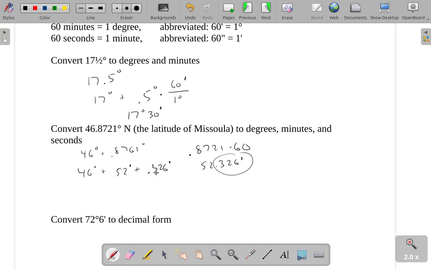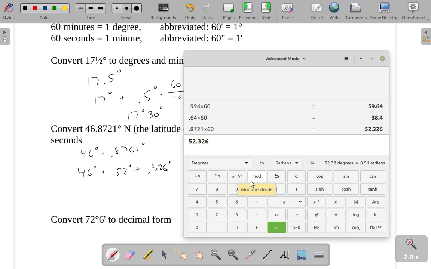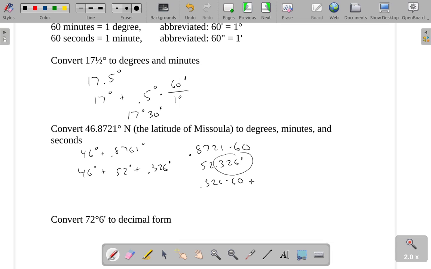But I'm going to convert this part to seconds. 0.326 times 60. So cutting off this part and multiplying this stuff by 60 gives me 19.56. This would be in seconds. So I have 46 degrees, 52 minutes, and 19.56 seconds.